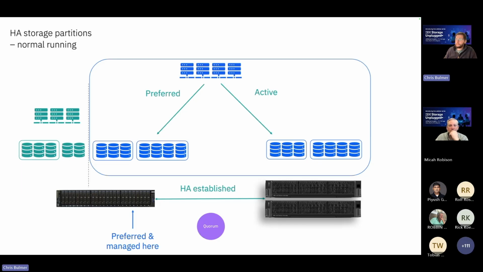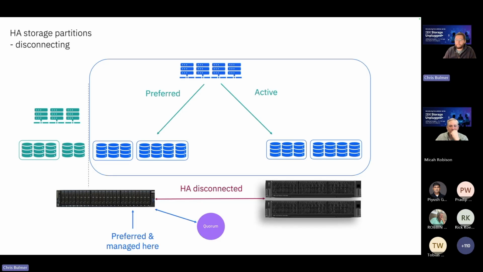So in this case, let's say we lose connectivity between the two data centers. The first thing that happens is nothing. So we wait for a few seconds before doing anything. Many times when looking at how things like our Stretch Cluster or HyperSwap solutions behave, link glitches are very temporary.